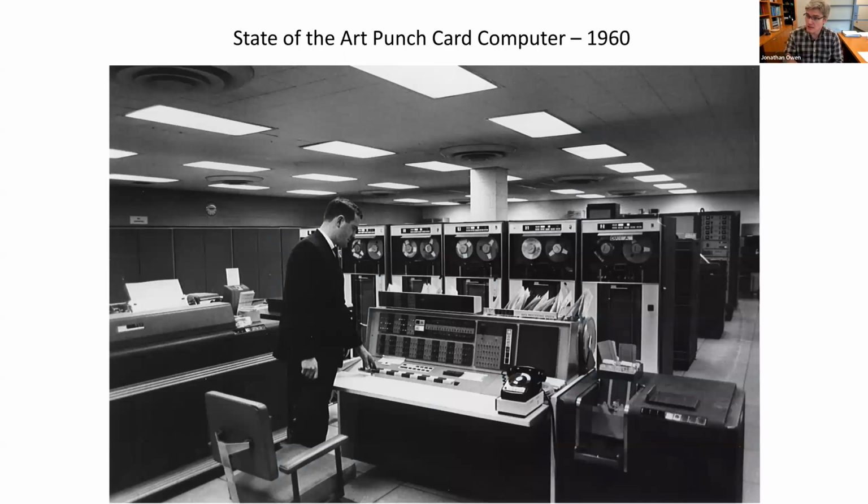Those devices led to computers like this one here. This is a computer from 1960 that was at IBM. This is what's called a punch card computer because of these cards right down here. If you've voted before, there's a little booth where you punch out a little hole in a piece of paper that indicates who you want to vote for.